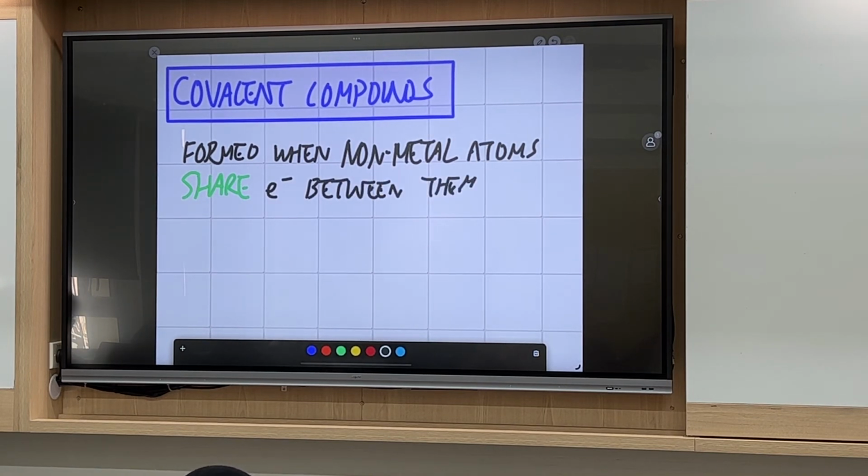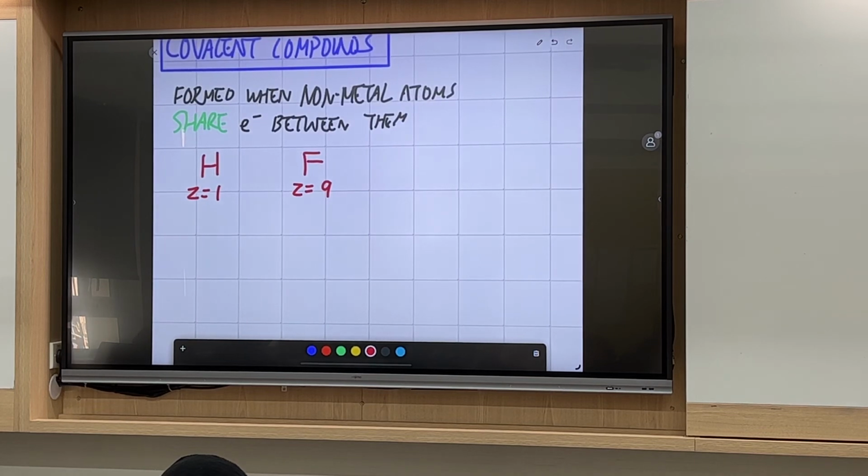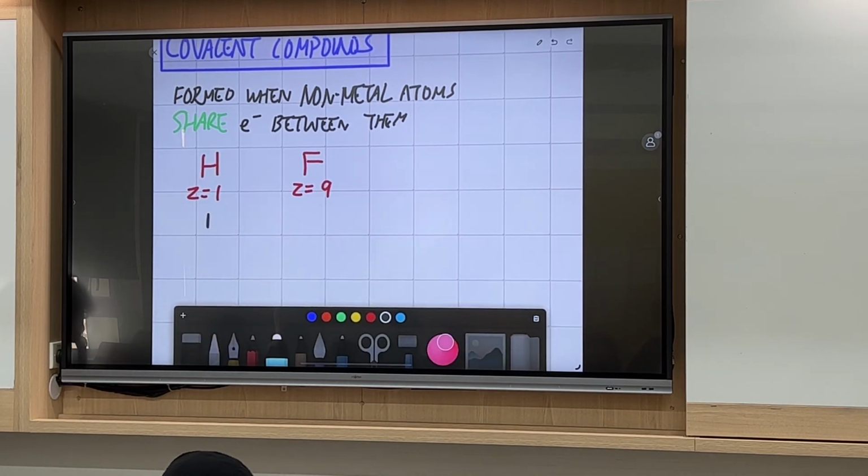Let's take the first example here, HF. I'll show you what that means. Look at H and F. H is a non-metal, so is F. They have atomic numbers 1 and 9 respectively. That means what's the electron arrangement of H and F? For H, it's just 1. What about for F? 2, 7. But we don't do the same approach we did earlier.